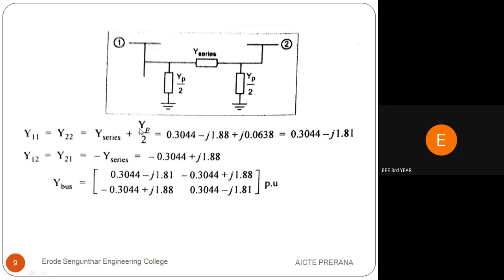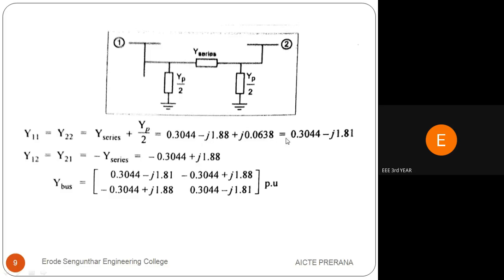Substitute these 2 values that we have already found out into this equation. The Y series value is 0.3044 minus j 1.88, and the YP value is j 0.0638.